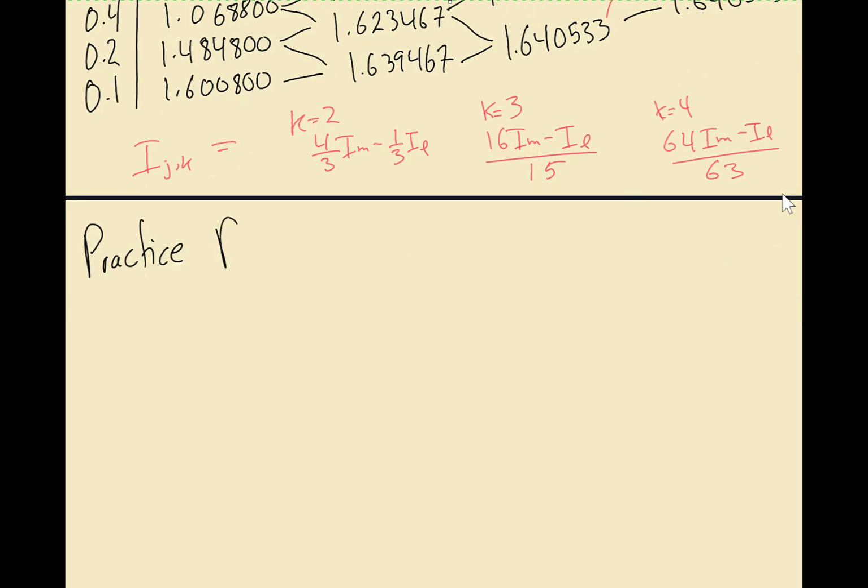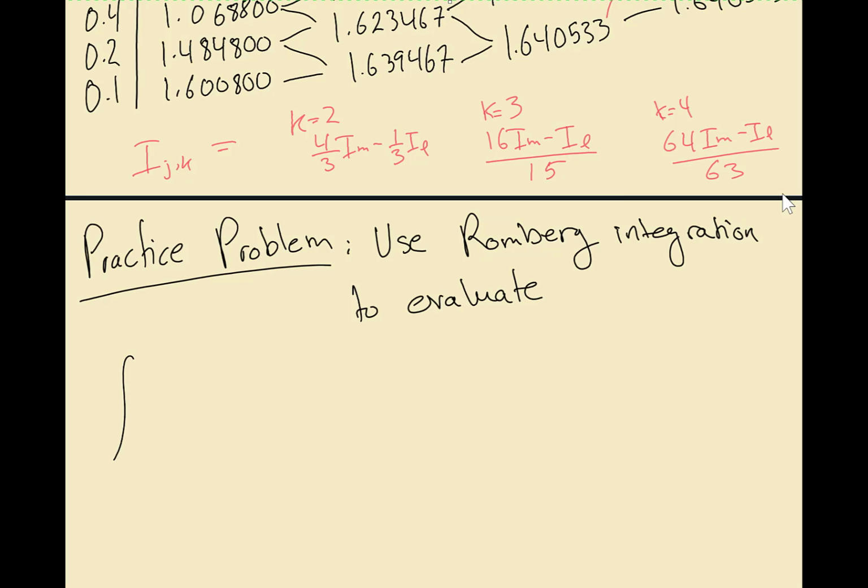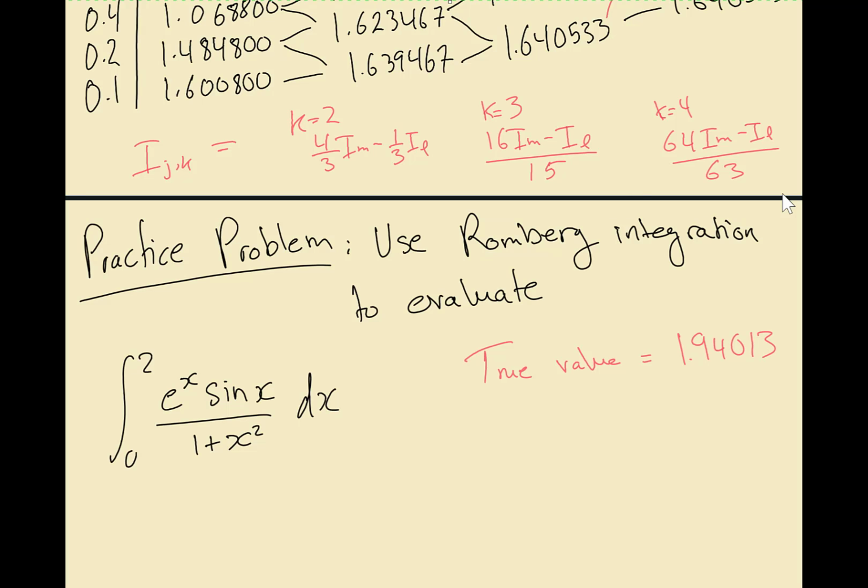So I'll write down the practice problem so you guys can try this out. Again, this problem I'm not doing on the board. The integral in this case is 0 to 2 of e to the x sine x divided by 1 plus x squared dx. The true value in this case is 1.94013, so you should get a number close to that.